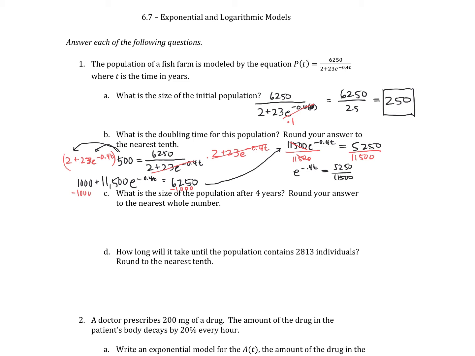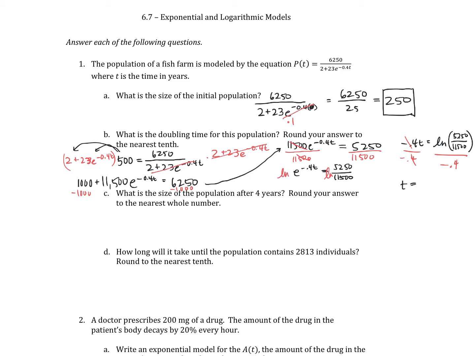Then we have to take the natural log of both sides to get rid of the e. Okay, so then we'll have negative 0.4t is equal to the natural log of 5250 over 11,500, and then we're going to divide that by negative 0.4. So t equals whatever we get when we put that in our calculator.